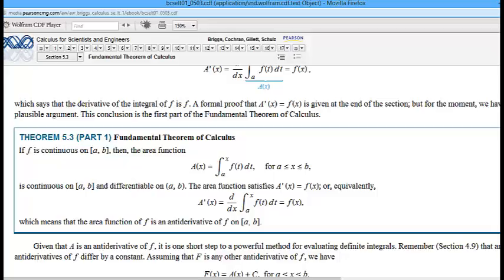You're going to laugh when I start doing these problems using part 1. You're going to say, what? That's all there is to it? Here. The derivative of the area function is little f of x. Little f of x? What does that even mean? Let me show you some examples, and I think we'll be able to follow.